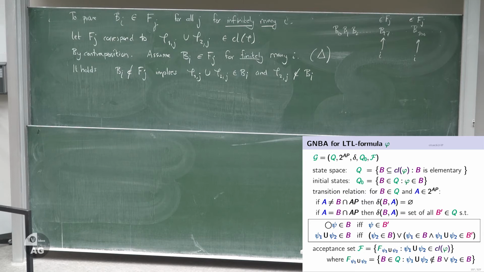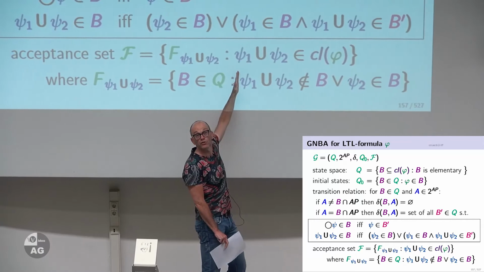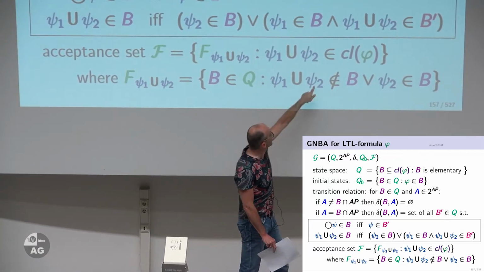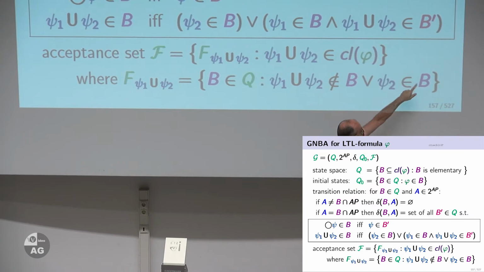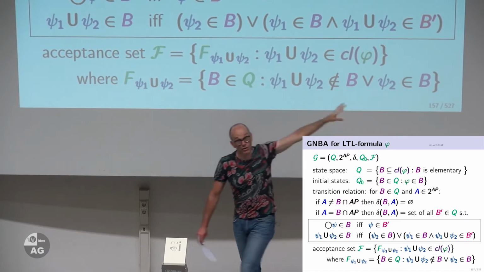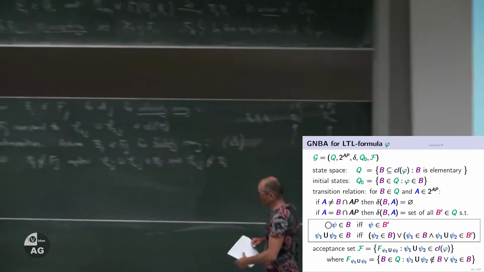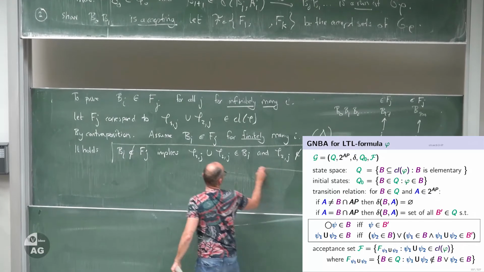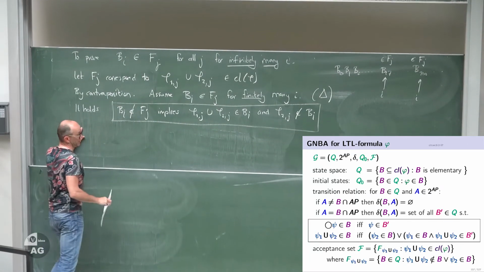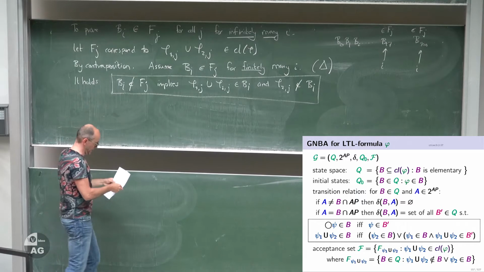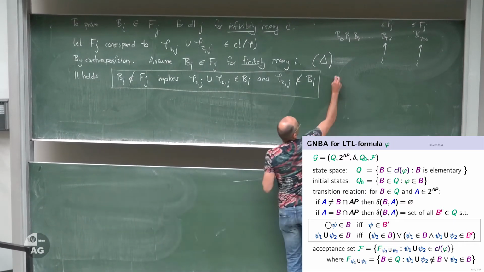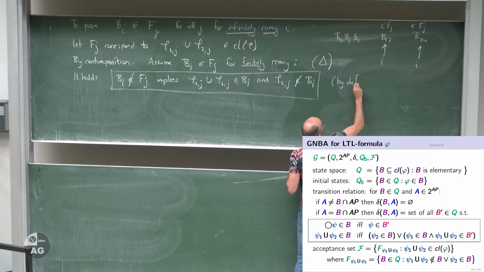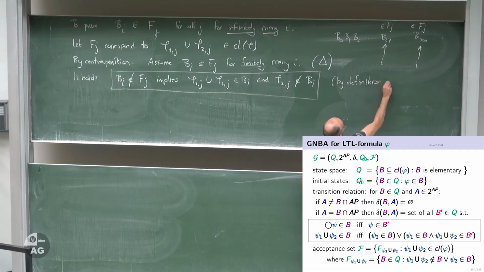An element does not belong to this set if the negation of this part is true. The negation means this part is in the set and this thing is not in the set. It's just a negation of what is written down on this slide. So this holds by definition of Fj.